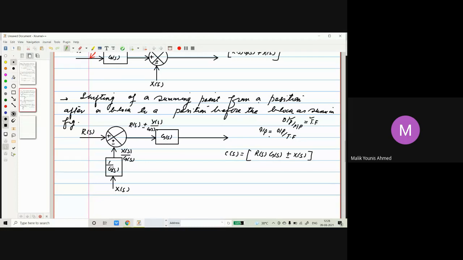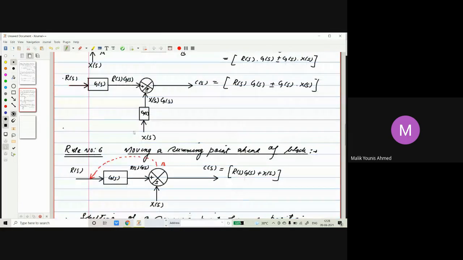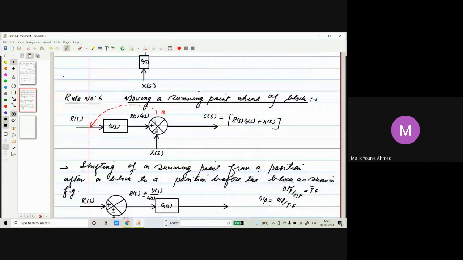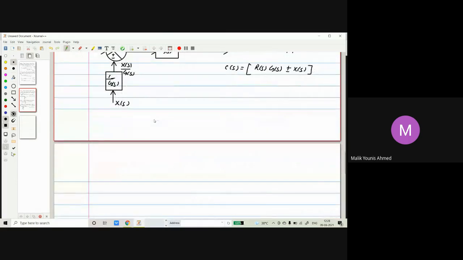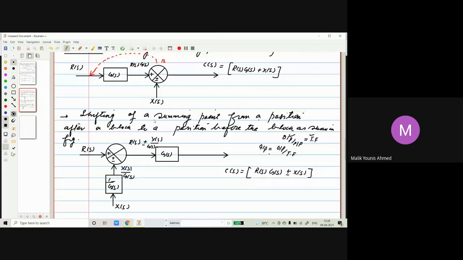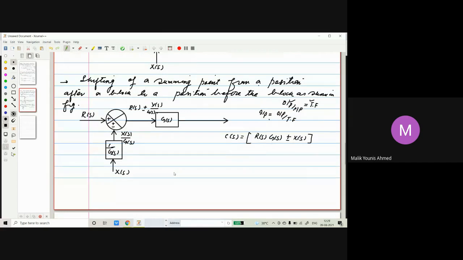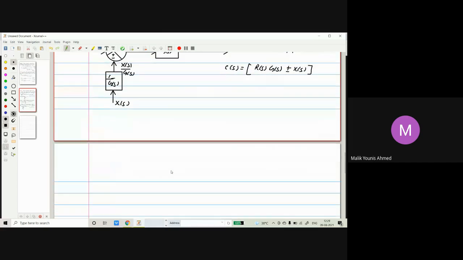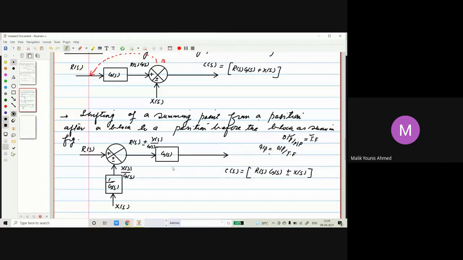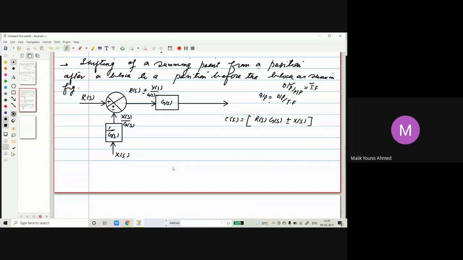It is the converse of what we have done previously. It was G(s) here, now it should be 1 by G(s). So I think this is not so difficult, very simple rules, but the integrity of the circuit has to be kept as it is, and other signals need to be manipulated accordingly. From the given signals, which are known to you, you need to find the other parameters.